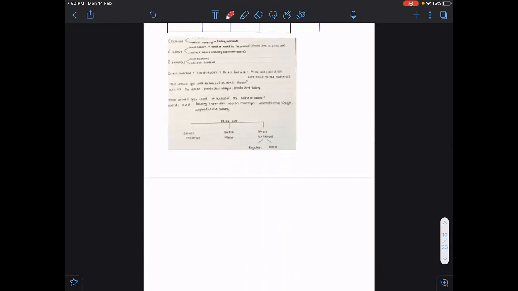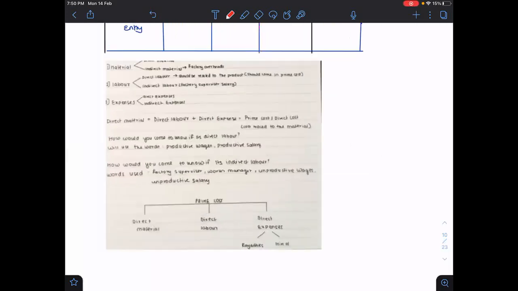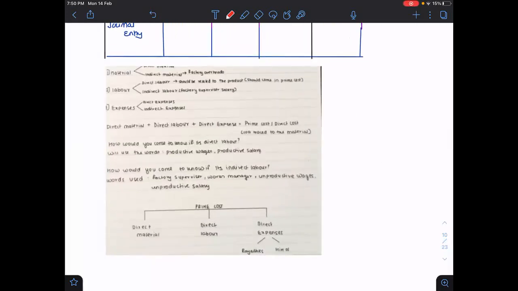Tell me what prime cost is made up of? Direct material plus direct labor plus direct expenses. What comes under direct expenses? Royalties, and hire of special plant. What do we add to prime cost? Factory overheads, so you get manufacturing cost.